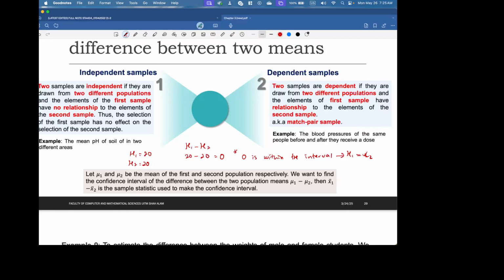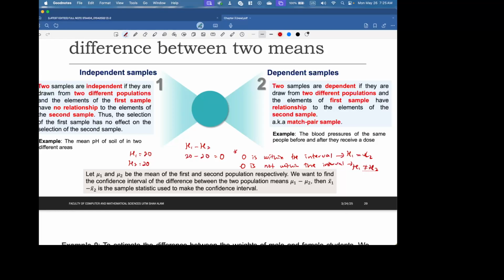If 0 is not within the interval, when we calculate the value of our interval estimation and 0 is not within the interval, then mu1 is not equal to mu2. So the population means are different.